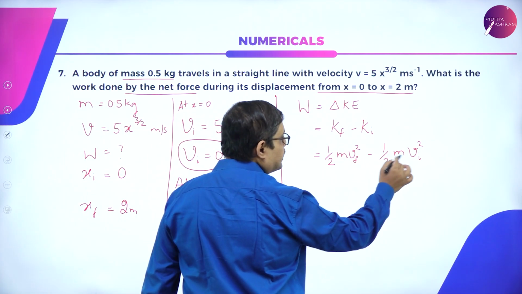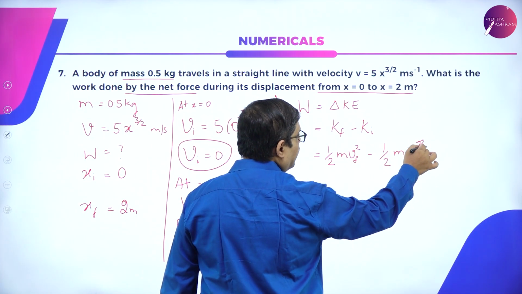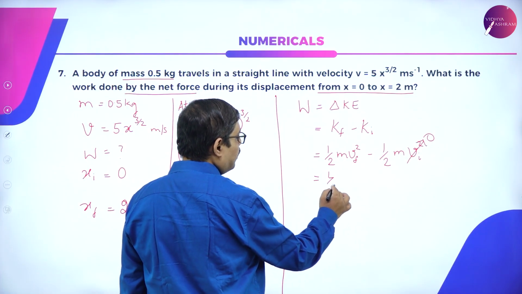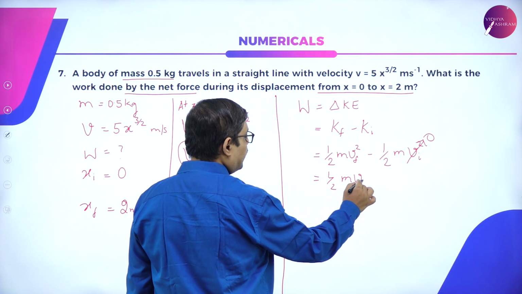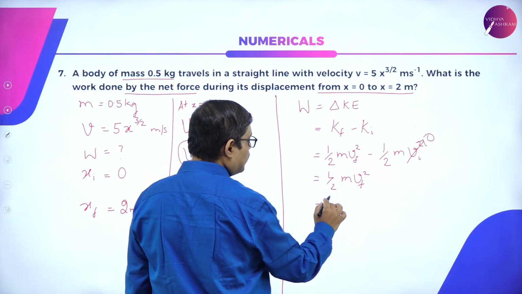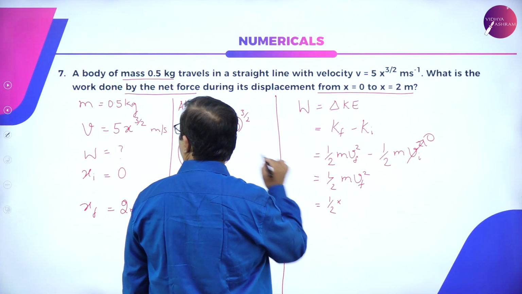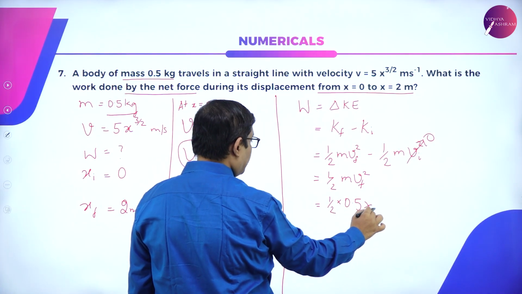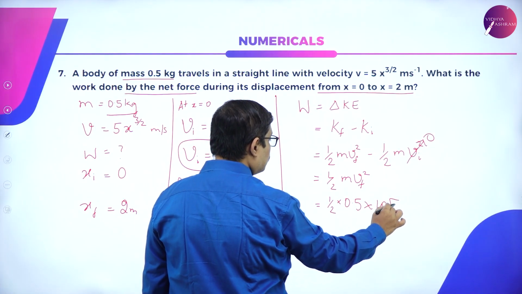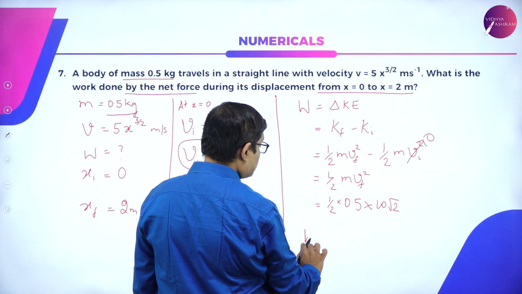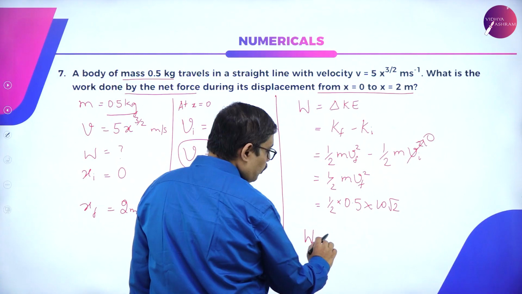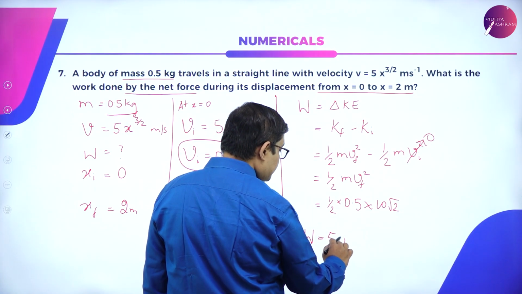Initial velocity is 0, so this entire term becomes 0. I am left with half m v final square. Let me substitute. This is half, mass is 0.5 kg, final velocity is 10 root 2. Please use your simple calculator and let me know what is the work done. The work done is 50 joules.